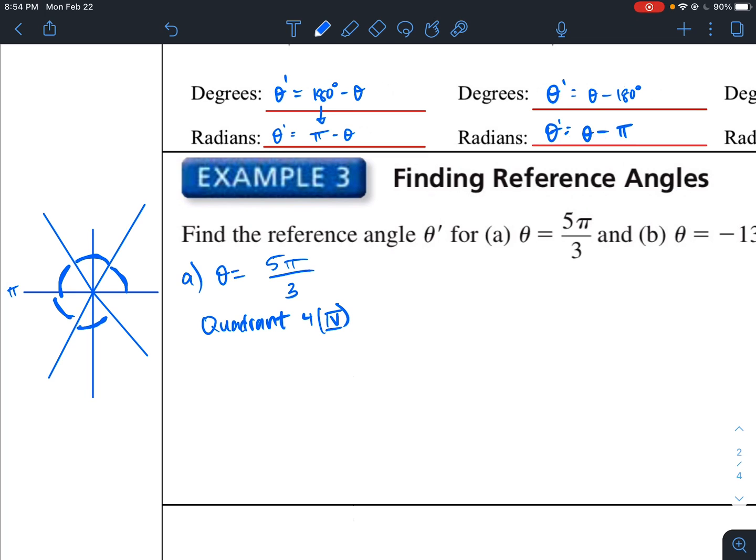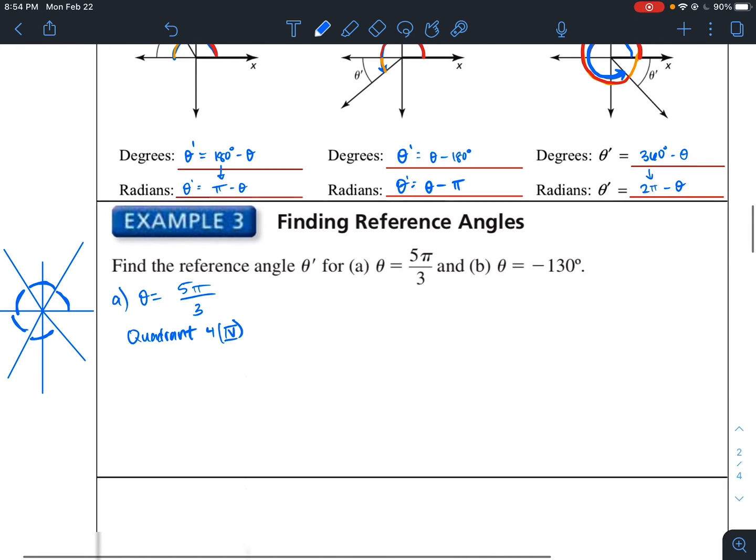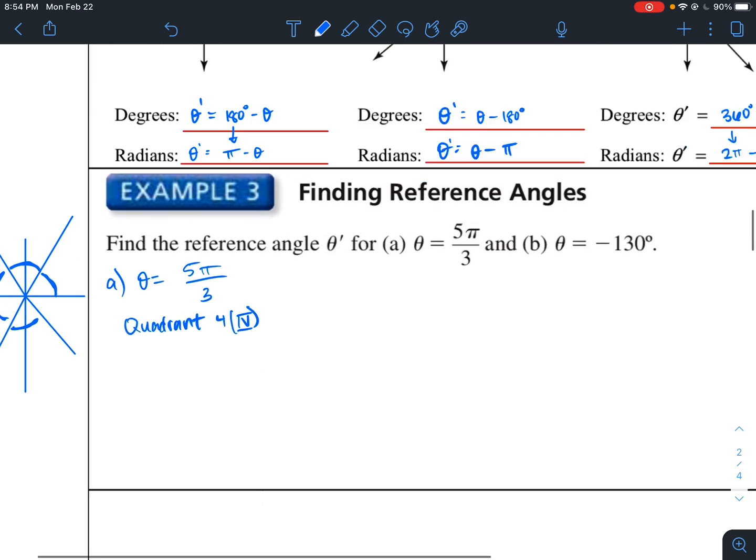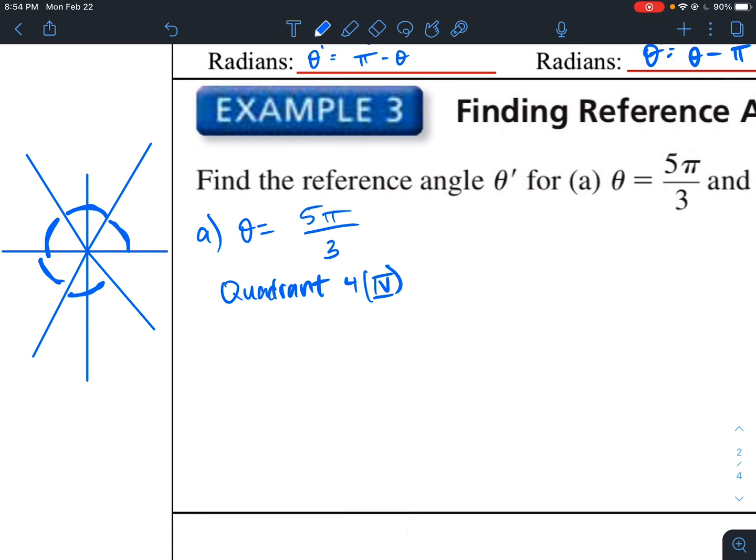Knowing that, and since we're in radians, I can take 2 pi and subtract 5 pi over 3. So my reference angle would be equal to 2 pi minus 5 pi divided by 3.